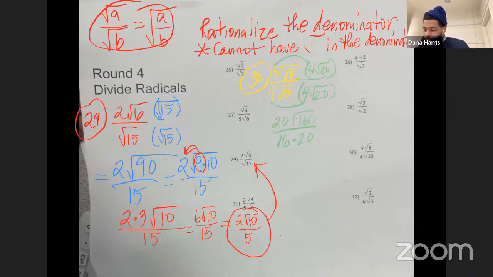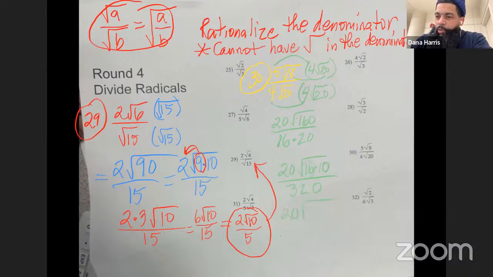All right, now we got to break that down. So in the numerator, I keep my 20, square root of 16 times 10. And in the denominator, 16 times 20 is 320. So then now, let's break this down. Let's say 20 times the square root.